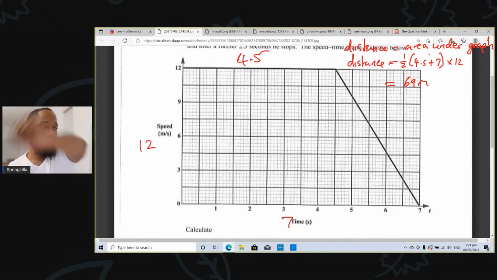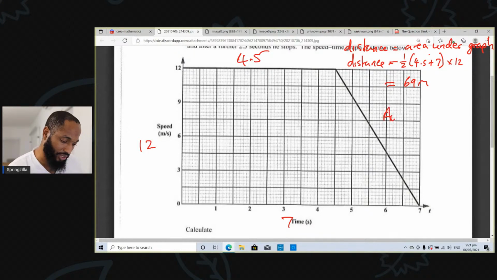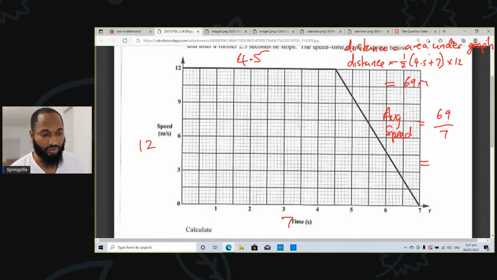And that takes 7 seconds. So the average speed is 69 divided by 7, which is 9.85 meters per second.